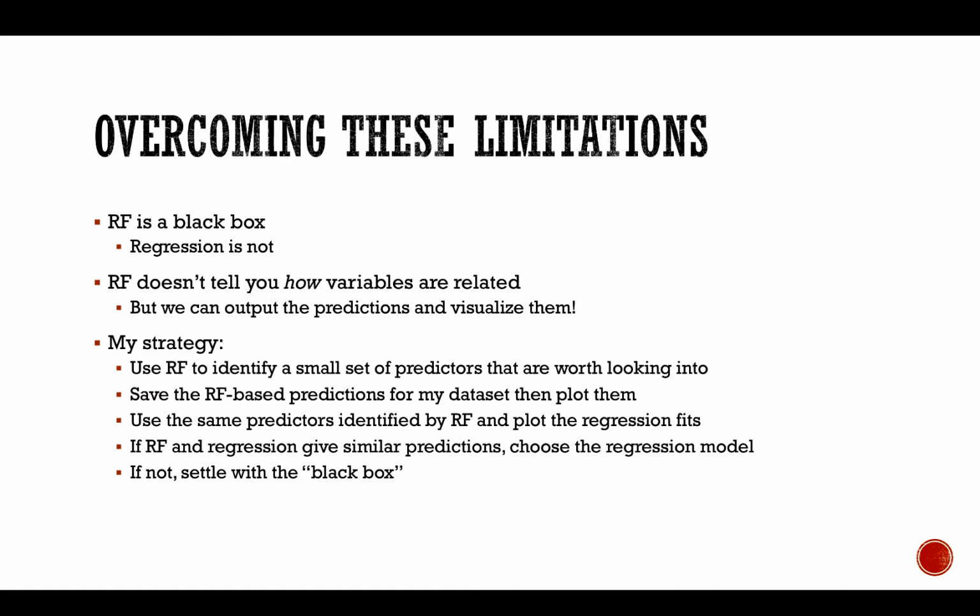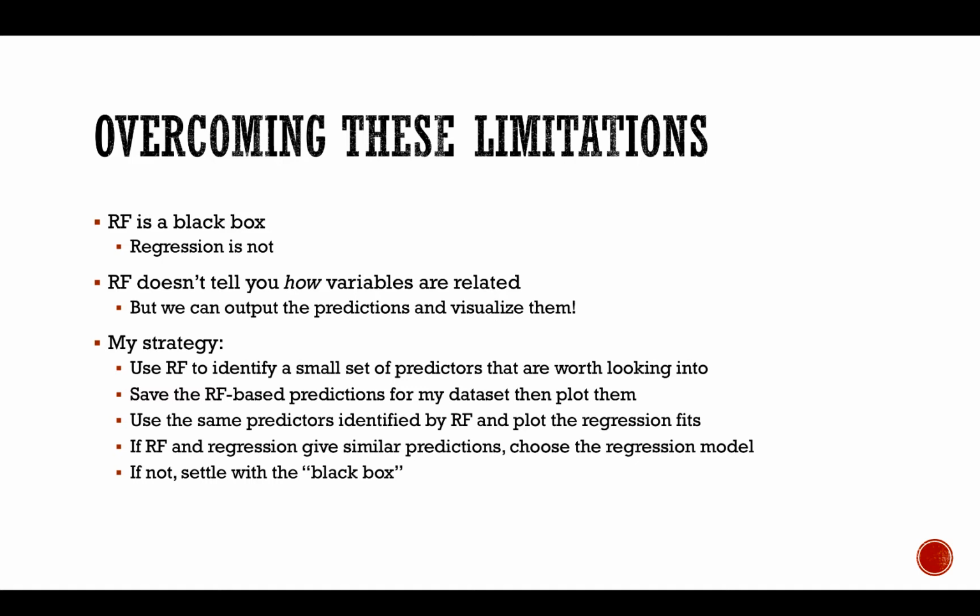So, overcoming these limitations. How do we overcome the limitations of random forest? Random forest is a black box. Well, regression is not. Random forest doesn't tell you how variables are related, but we can output the predictions and visualize them. So here is my strategy that I use all the time when I'm doing exploratory data analysis with regression. I use random forest to identify a small set of predictors that are worth looking into.